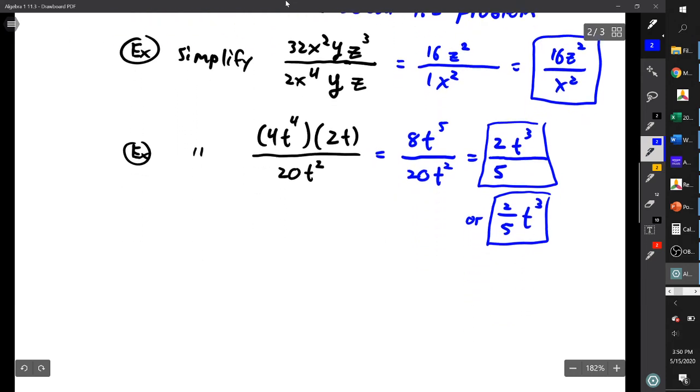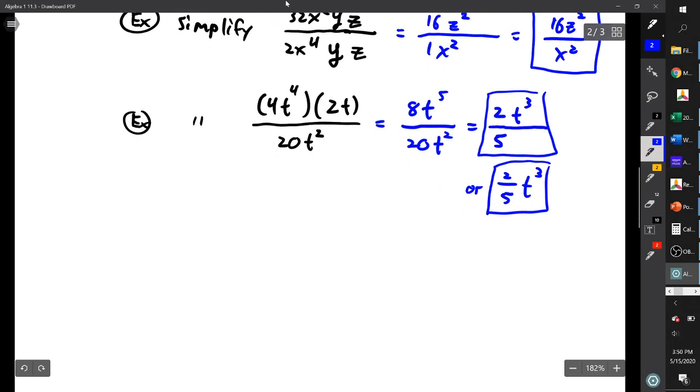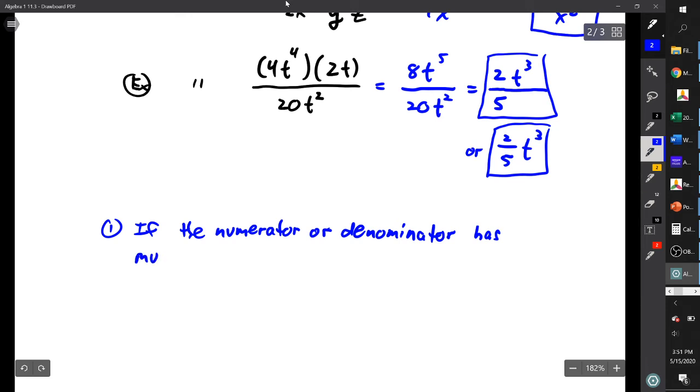And then the other flavor of simplifying is like this. So I'm going to give a new step 1. If the numerator or denominator has multiple terms, factor.